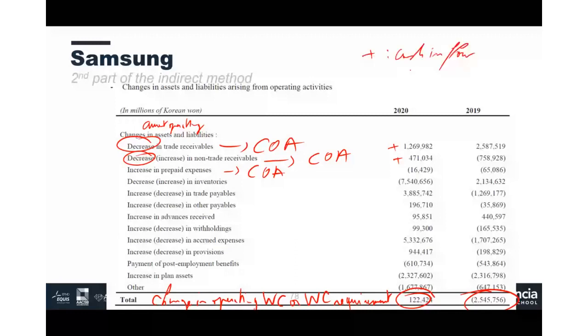Minus, it's a kind of cash outflow, an increase is a cash outflow. So minus inventories, current operating assets. Here it is negative, it means it's an increase in inventories.